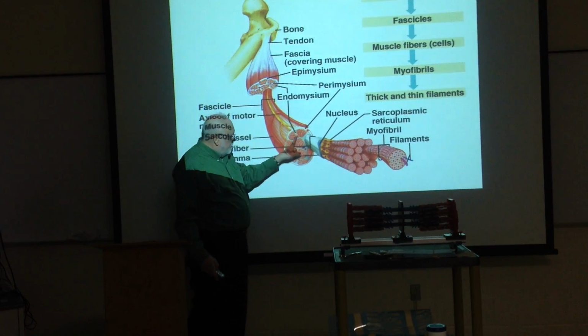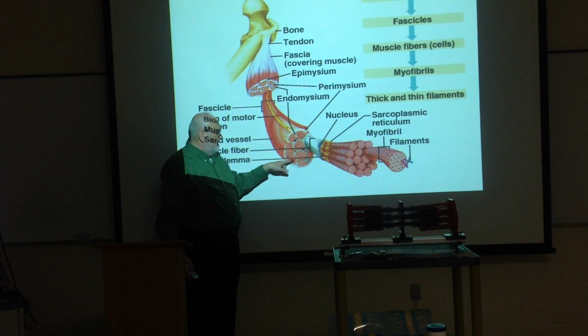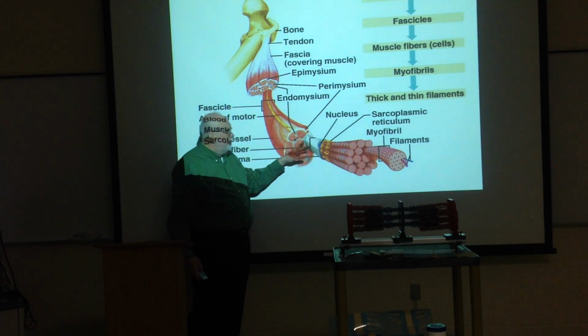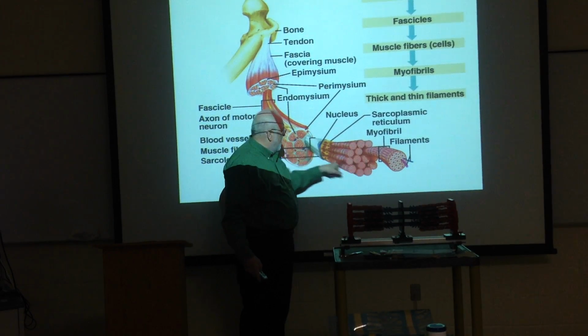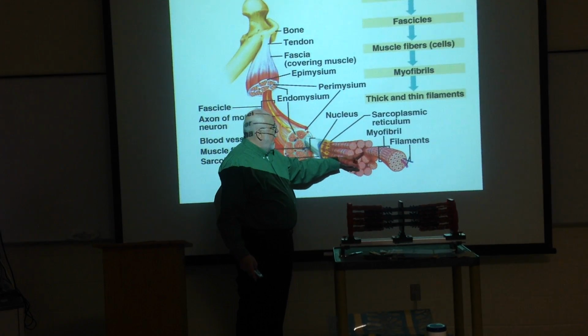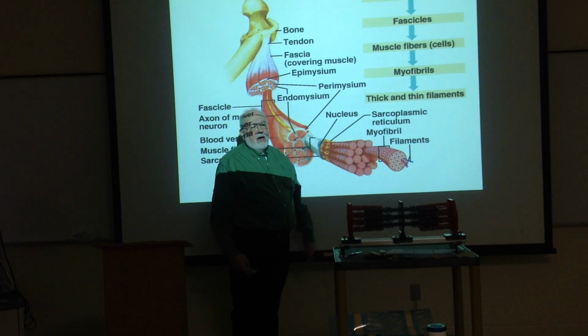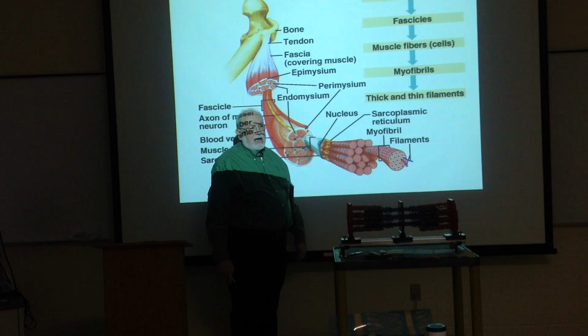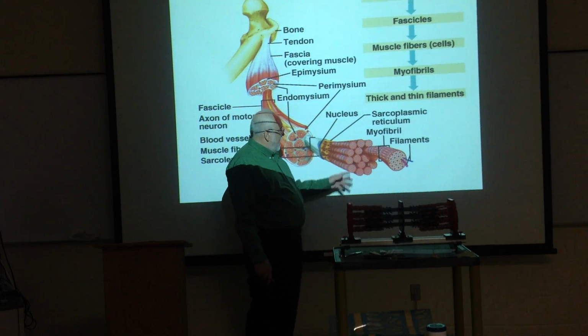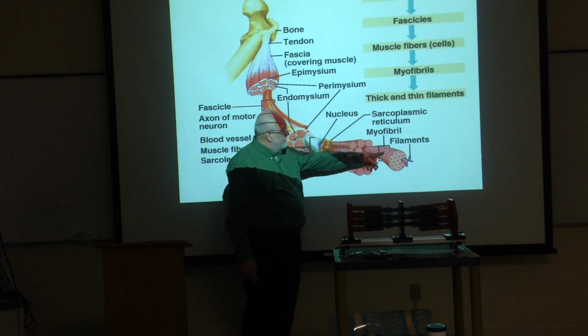Now, these are myofilaments, so there are a number of those here within the cell. And these myofilaments are made up of, of course, the heavy and light filaments, the thick and thin filaments, the sarcomeres.